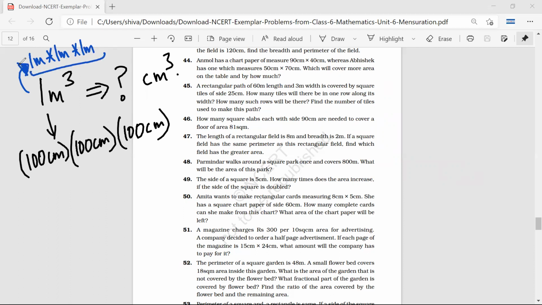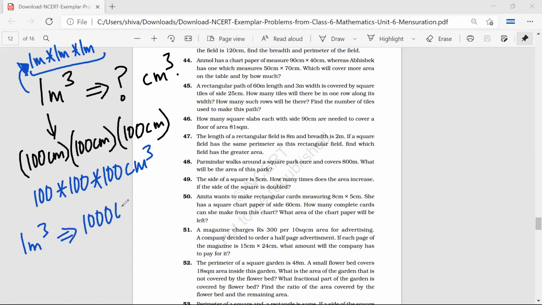Sarthak, have you understood the logic? Yes, sir. So 1 meter cube is equal to 1, 2, 3, 4, 5, 6 centimeter cube.